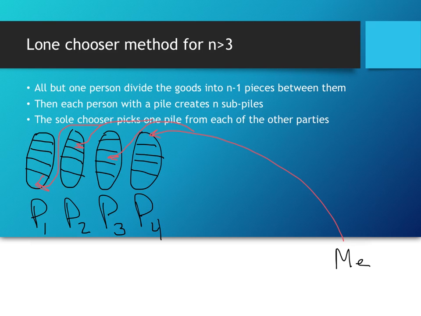And all of a sudden, everybody has 4 slices out of 20. Okay? And remember, 4 out of 20 is the same thing as 1/5. So everybody has 1/5 of the goods at least. All right? And since we did this using these divider-chooser methods, basically it's going to guarantee that everybody has at least their fair share. Again, in their own eyes.